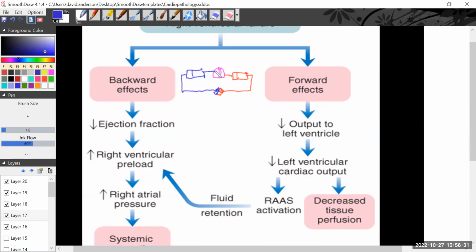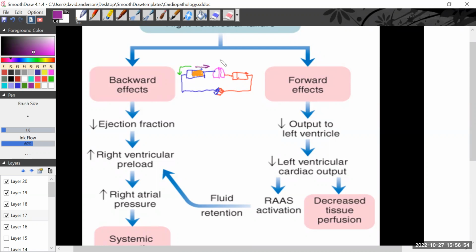So again, this time we're saying that the backward effects from the right heart, if we started here, so we have a weak right ventricle, then everything that goes backwards is going to start here and go backwards. And everything that's forward goes this way.